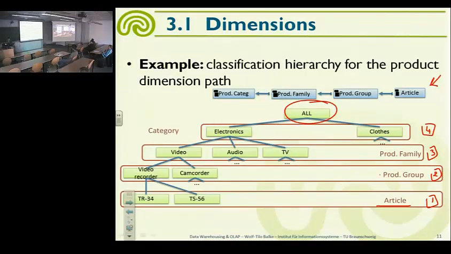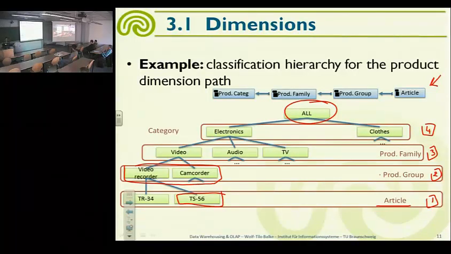So on the article level, you can have queries like how many TS56 video recorders did I sell in a certain month or in a certain year. In the product group, you can do analytical queries to find out which is the most popular product group that seems to be likable for your customers.